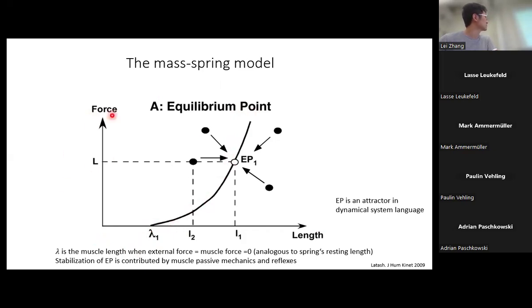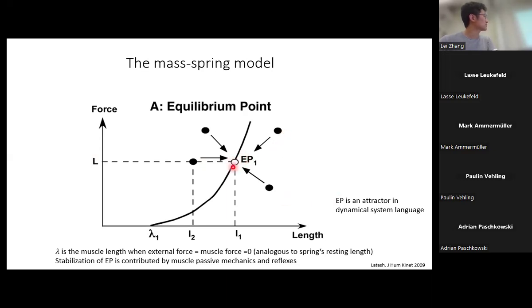If you have an external load, for example, you put some force into the muscle, then this force will have an intersection with this curve. This point is called the equilibrium point, EP. That is the stable point that the system arrives at.